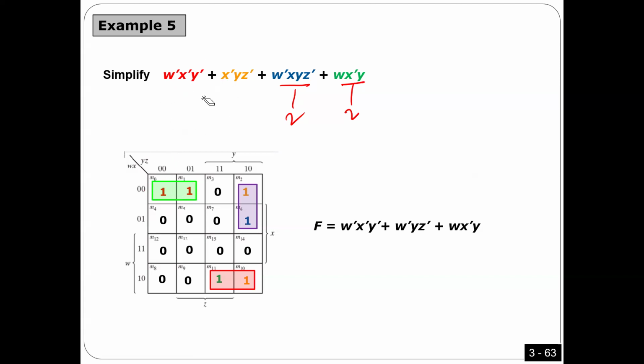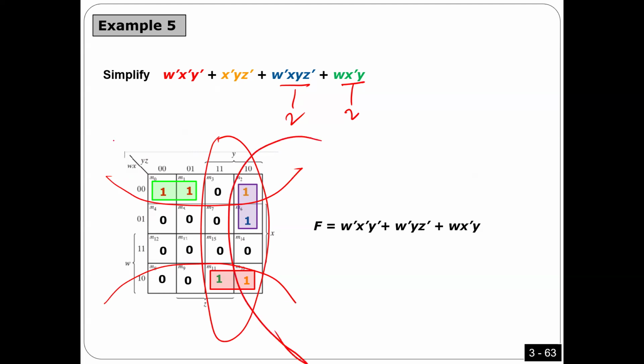Let's look at this one here. W prime, X prime: X prime means this one and this one. Y means this part here. And Z prime means this part and this part, but I'm going to take this one here.